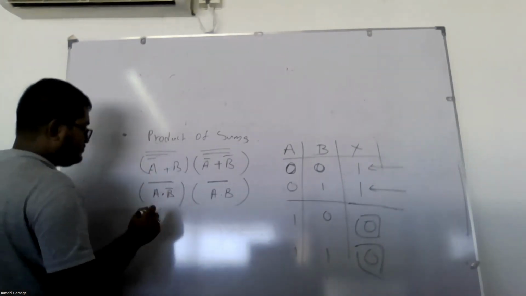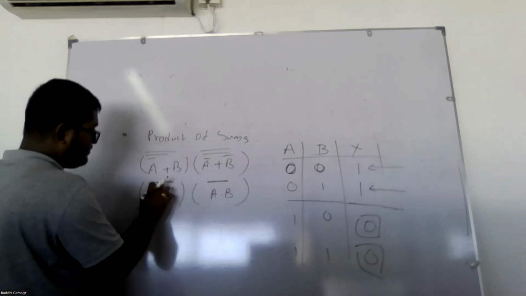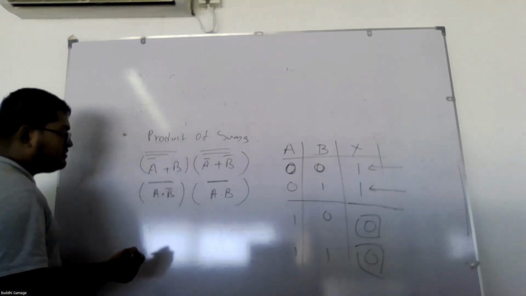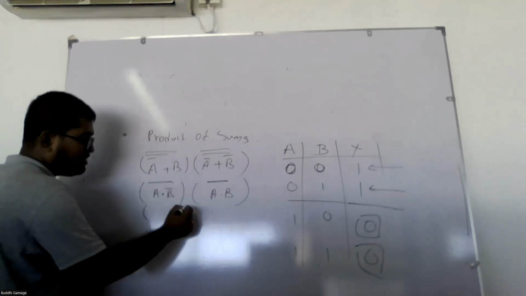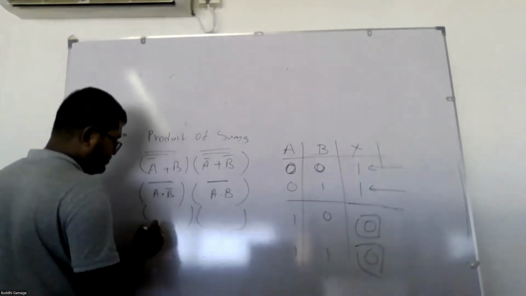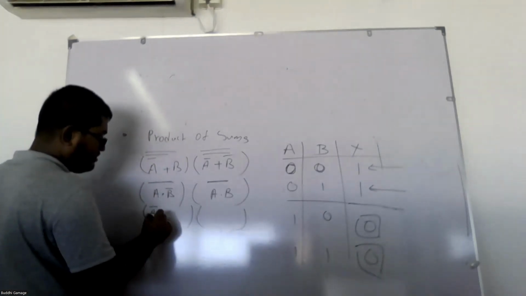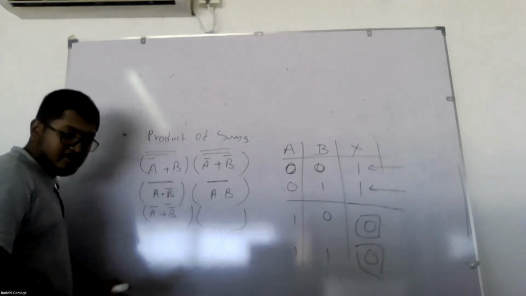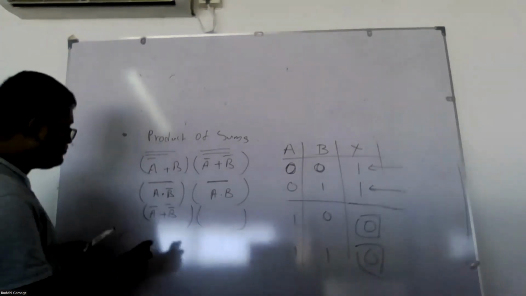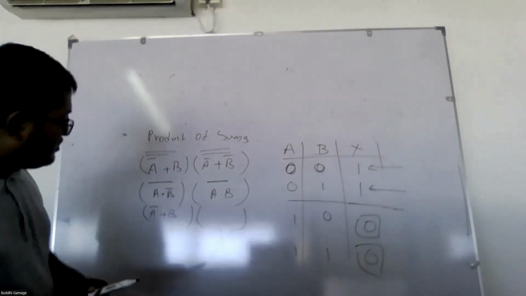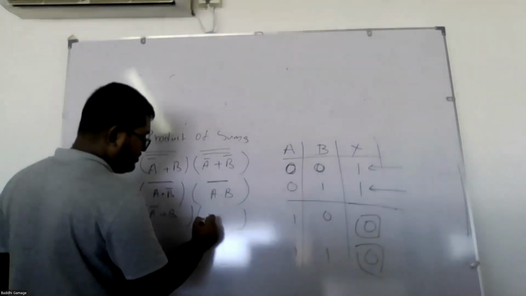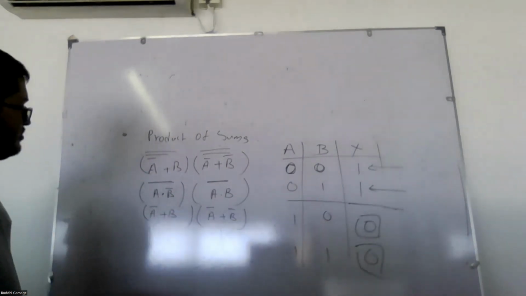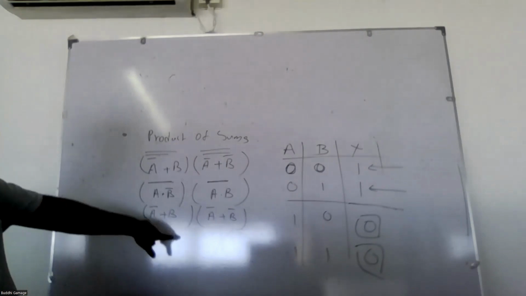So again, we can apply De Morgan's law. So that means A bar plus B, since there is a double bar, it will be removed. And here A bar plus B bar. So actually it's our final output.